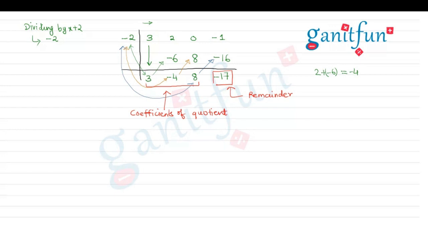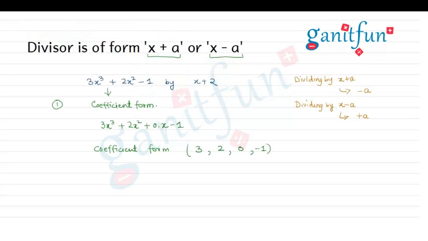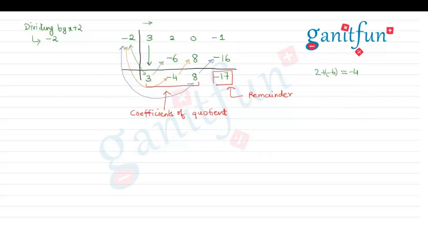So we can say that the original polynomial, 3x cube plus 2x square minus 1, is equal to x plus 2 into the quotient, plus the remainder, which is minus 17 in our case.